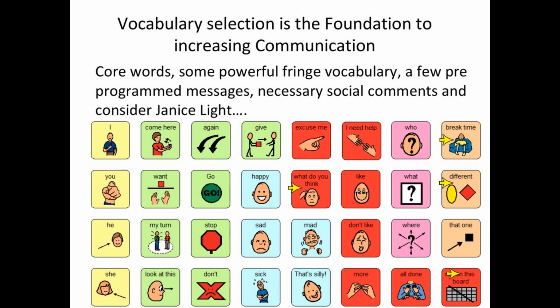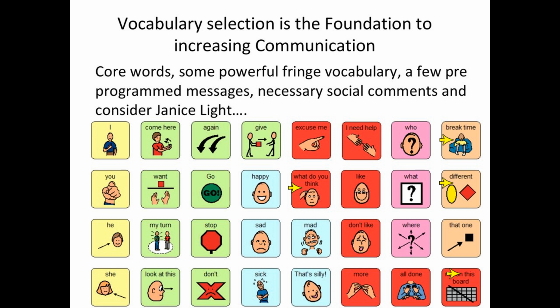So you can kind of see I have my fringe vocabulary, I have some of those pre-programmed phrases, I'm looking at all of Janice Light's communicative competencies, I'm making sure that they're understanding the linguistic portion of the symbols, that they have the operational, that they can turn the volume up and down, that they have the strategic, such as not on this board.